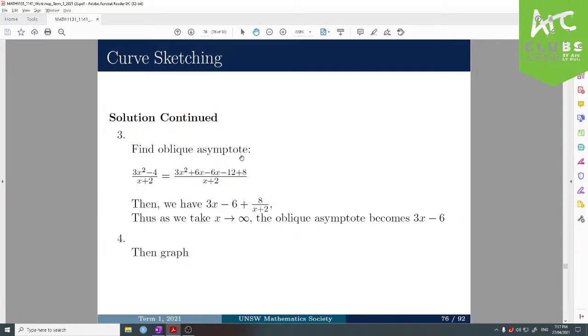So to find the oblique asymptote, your aim is to try factorize out the bottom. If you can factorize out the bottom, then you should be left with some y equals mx plus b function plus something that's over the denominator, right? And then as you take the limit of x approaching infinity, you would then get that this term here approaches 0, right?